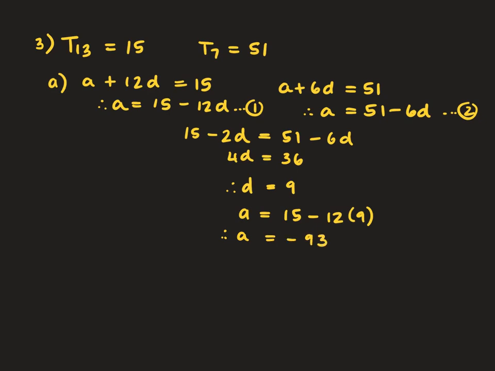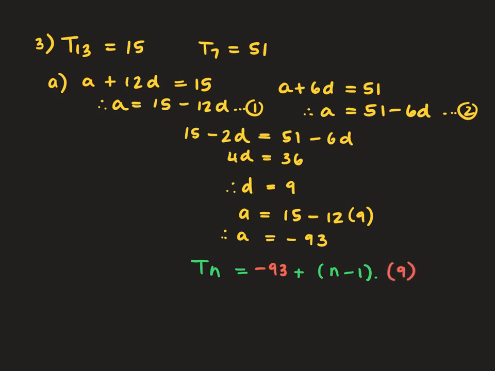Okay, so that's lovely. We've got the first term, we know our constant difference. The question asks, though, which term is equal to negative 21? So watch how I go about this. This is the general term for all arithmetic sequences, right? Let's fill in stuff now that we know. We know that the value of term 1 is negative 93 and that the constant difference is 9.